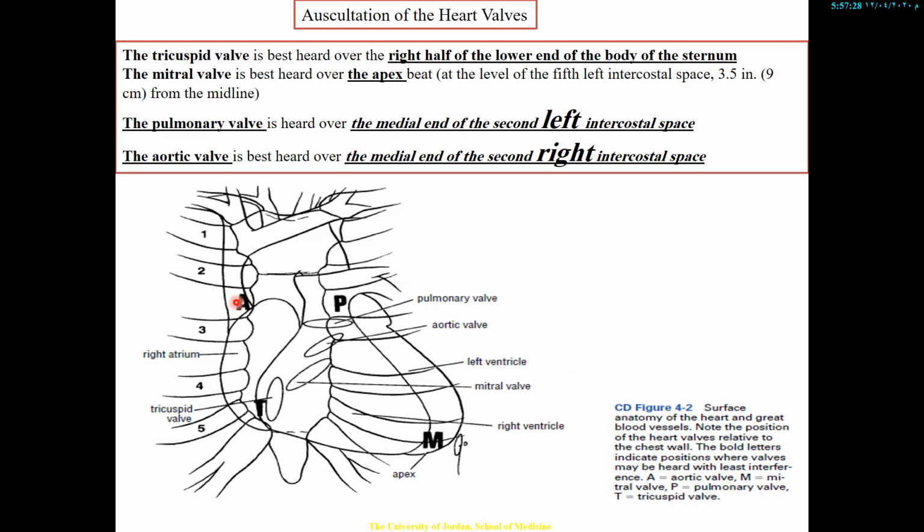In the medial end of the second left intercostal space, this is the pulmonary trunk, and in the medial end of the second right intercostal space, this is the aortic valve, and of course on the apex of the heart, the mitral, and the lower half of the body of the sternum is, of course, the tricuspid valve.